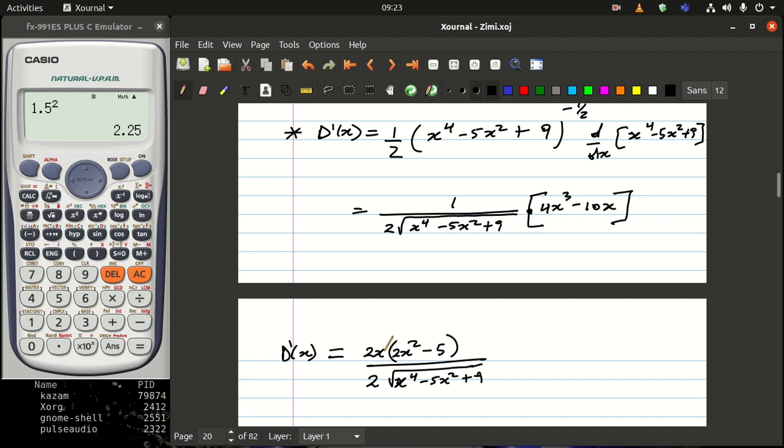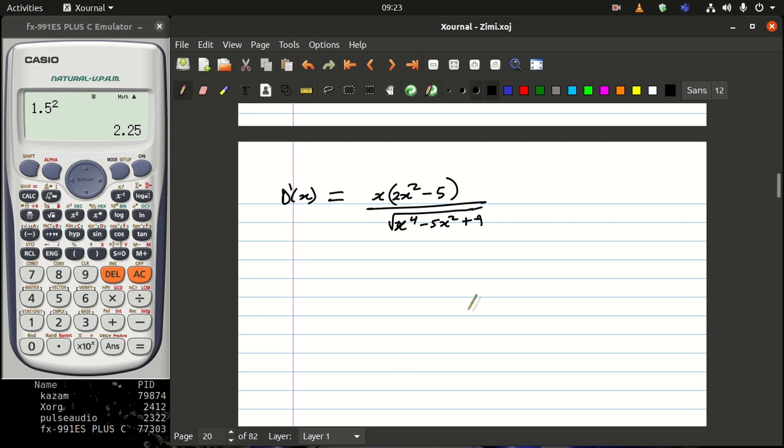So take a look into this. 2 times 2x squared is going to be 4x cubed, which is that. And then 2 times 2x times 5 is going to be 10x. So we're good to go. I have a 2 in the numerator and I have a 2 in the denominator. So this 2 here cancels out with this 2 here. So that is actually now the first derivative.